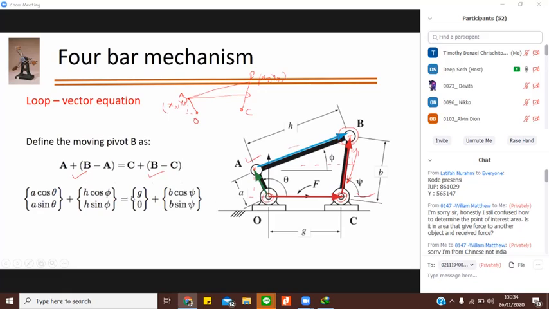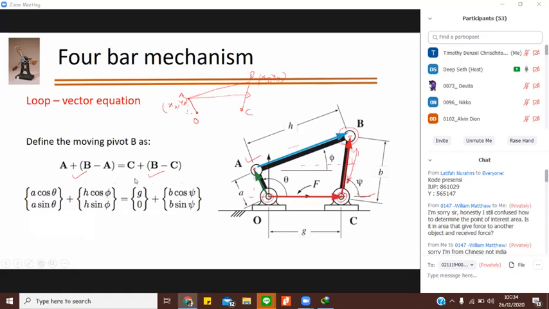For A, we can write A cos theta in X and A sin theta in Y. B minus A is H, so H cos phi in X and H sin phi in Y, where phi is the angle it makes with respect to the horizontal plane.